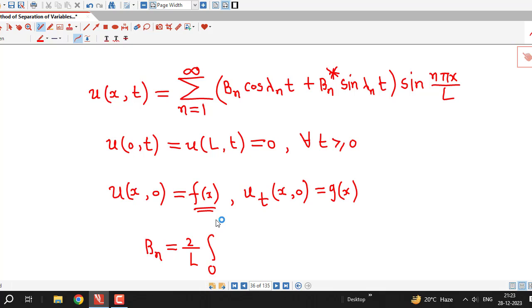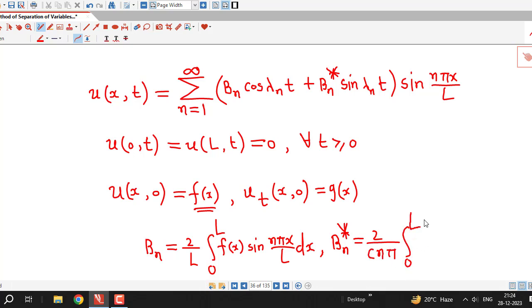It is 2 by L integral from 0 to L f(x) multiplied with sin n pi x by L integral with respect to x, and Bn star is given by 2 divided by c times n times pi integral 0 to L. Here we are using this initial velocity given by g(x) multiplied with sin n pi x by L integral with respect to x.